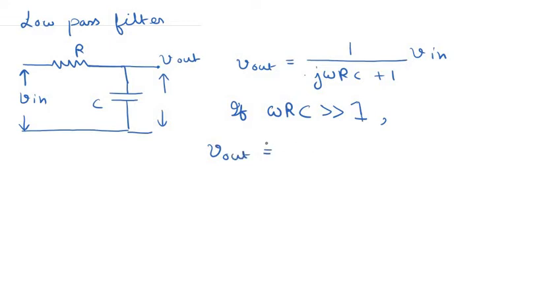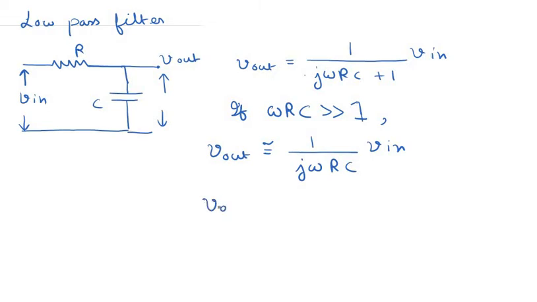So V out is approximately 1 by j omega RC times V in. Okay, now this is in frequency space. Of course, when we bring in this quantity j omega here, this basically means we are dealing with the frequency space. So to bring it to the time domain, we need to do the inverse Fourier transform, and the inverse Fourier transform of 1 by j omega is basically the integral operation.